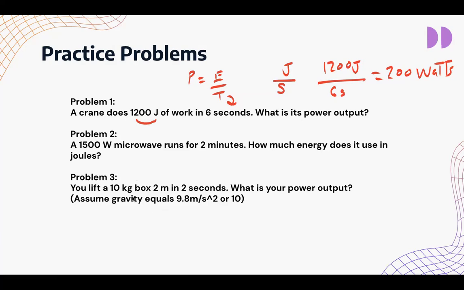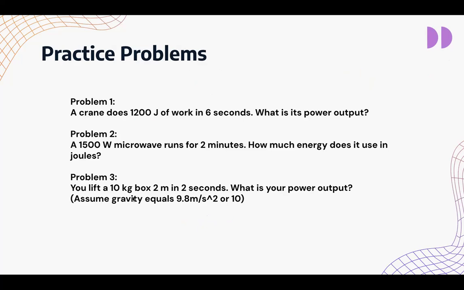Okay, this is a bit harder. This is a lot harder, I think, problem three. So in this case, we're given the time, but we need to solve for the energy, right? So we're given 2 seconds. Again, we want to always identify our variables, right? We have 10 kg, okay, so we have mass.